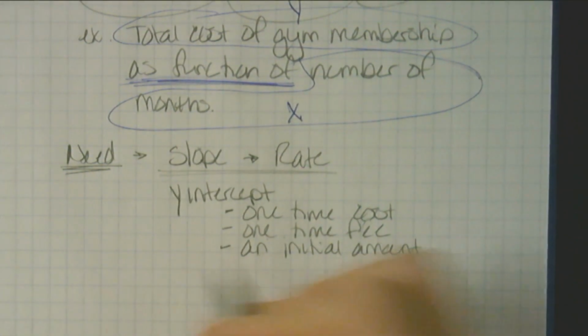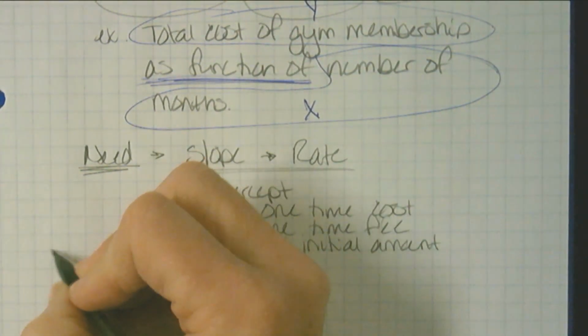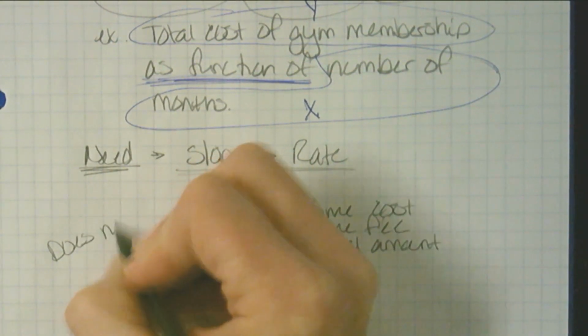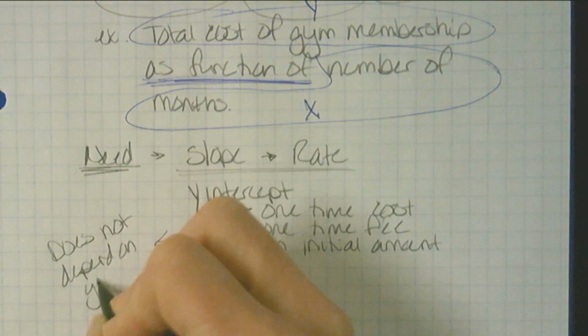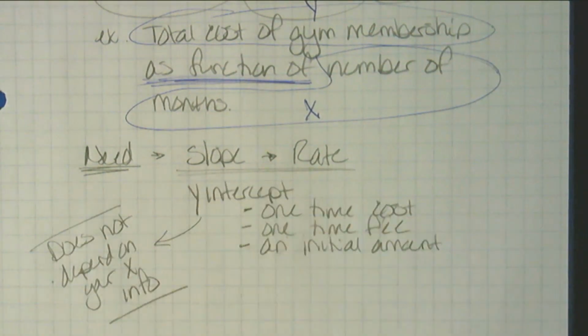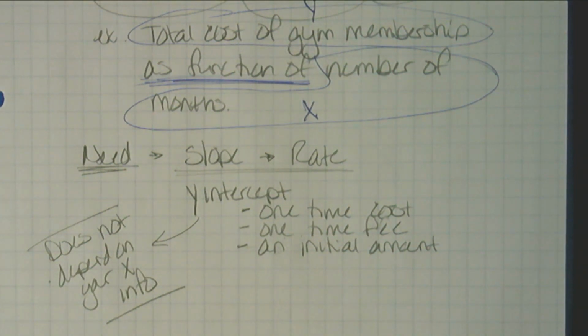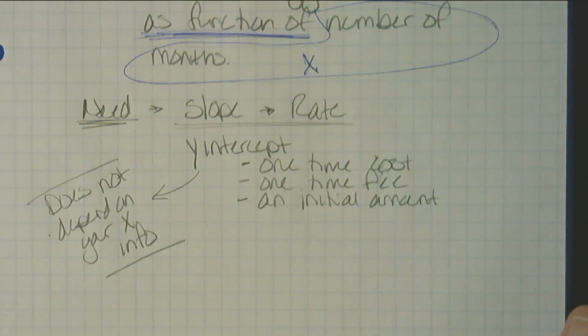Your y-intercept does not depend on your x. It does not depend on your x info. So it's not going to be a rate.